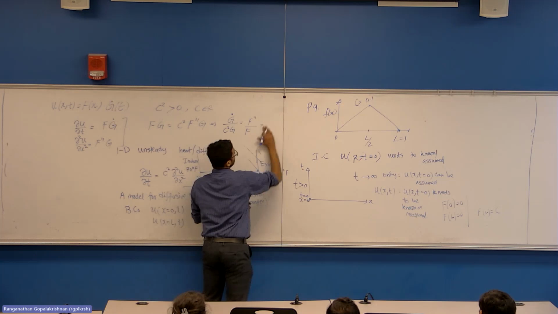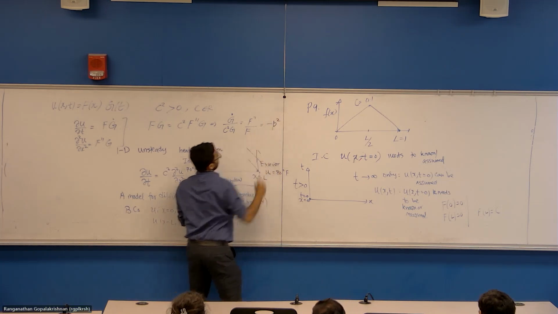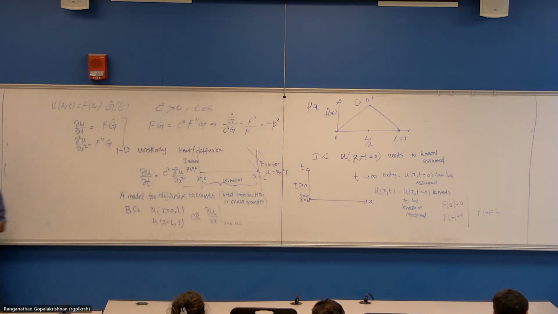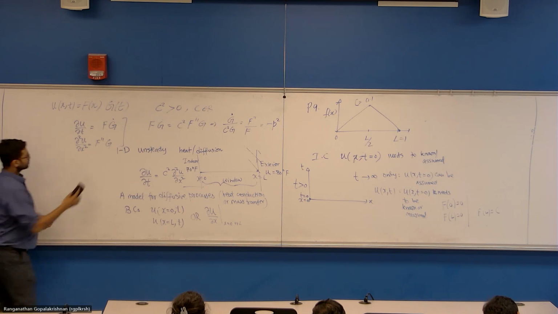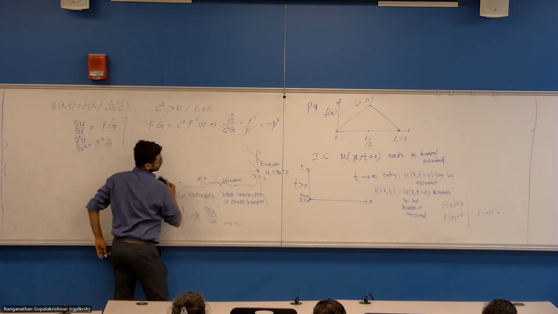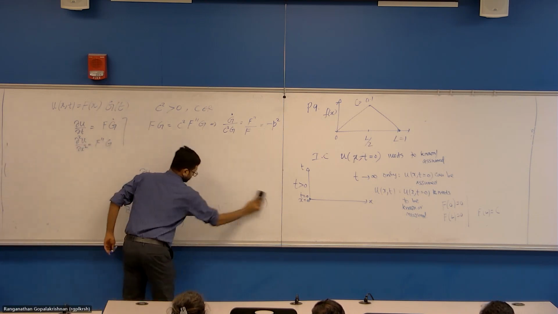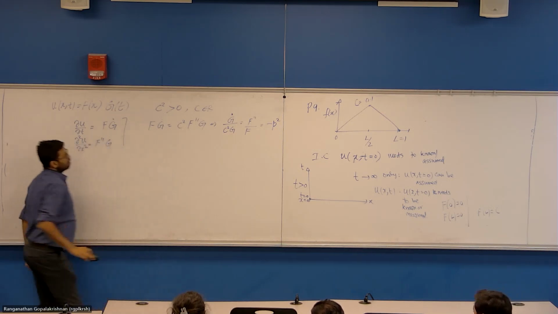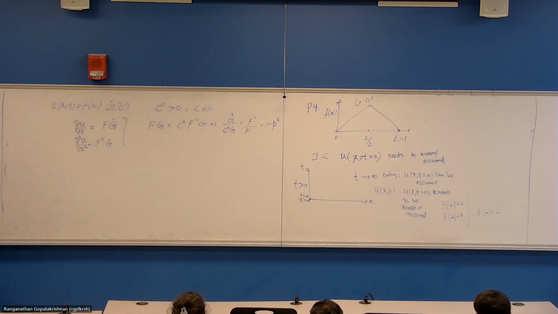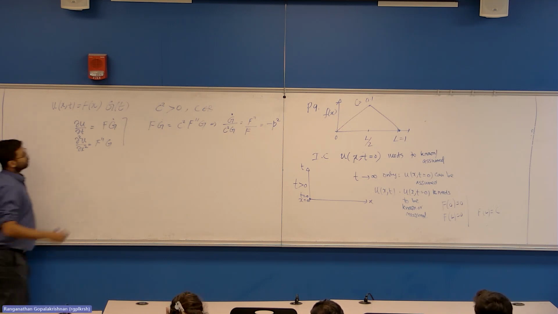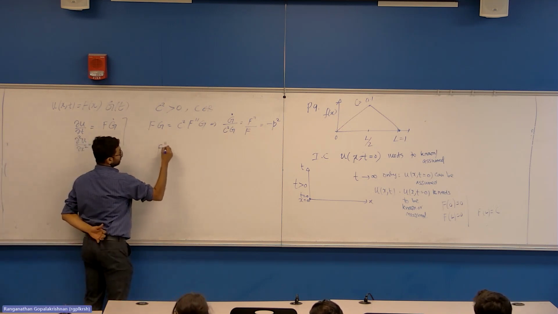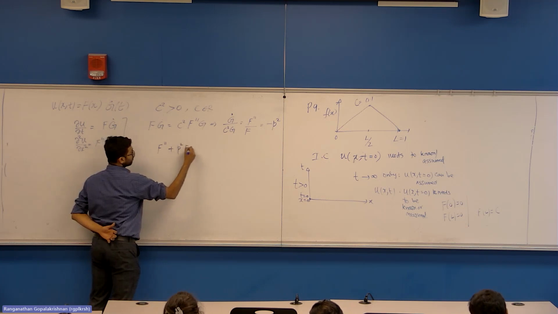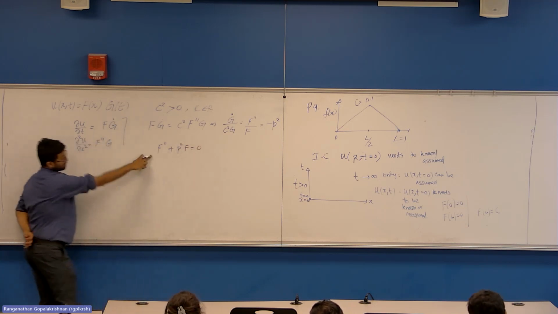So we'll write directly minus p squared. So you end up with again f double prime plus p squared f equal to 0, same as last time.